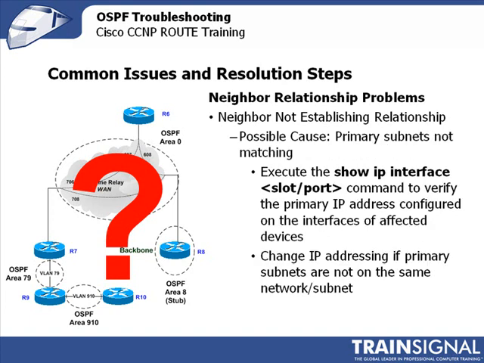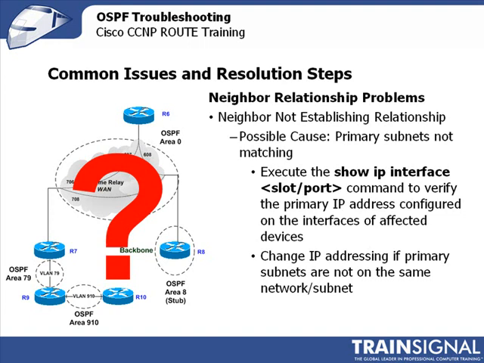Another very common cause, as it is with EIGRP, is you might not be using primary interface addressing to form the neighbor relationship. Remember, you have to have the primary interface IP address the same on both sides. If it's primary on one side and the other is secondary, it will not form. So do show IP interface and whatever the slot port syntax is for your particular platform, and verify that the primary IP address configured on the one neighbor and the primary IP address configured on the other neighbor do in fact match.